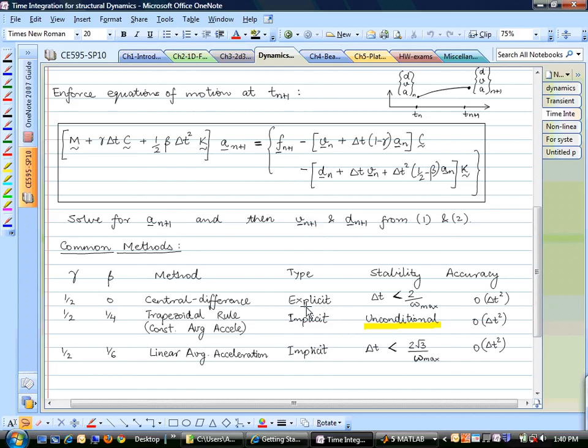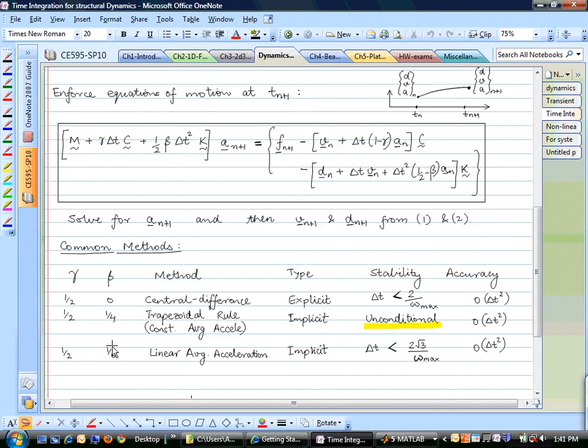Now explicit is, by definition, used for solving a dynamic problem. But quite a lot of times people use a very high damping to solve static problems. Like I was telling you last time, if you have a cantilever beam and you apply a sudden impact load on it, it will oscillate, and then it will reach its steady state.